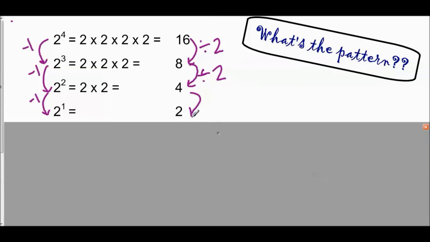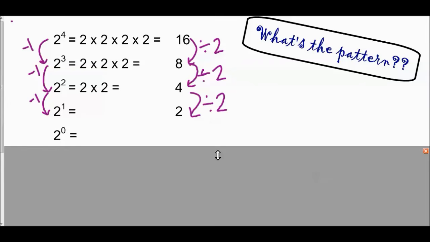And then if I divide 4 by 2, I get 2. So if I were to continue this to the 0 power, that pattern still continues. So what is 2 divided by 2? It's 1.